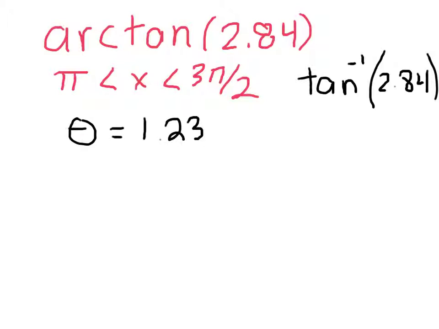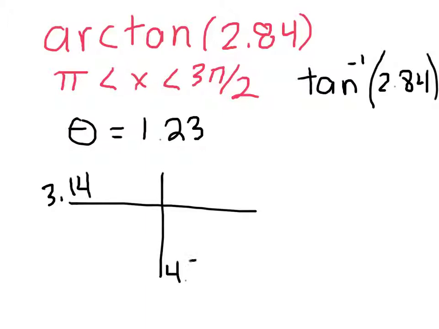But this is asking me for an answer that's between pi, which is 3.14, and 3/2 pi, which is 4.71. So it means this answer needs to be over here in this quadrant. It needs to be 1.23 radians past pi.